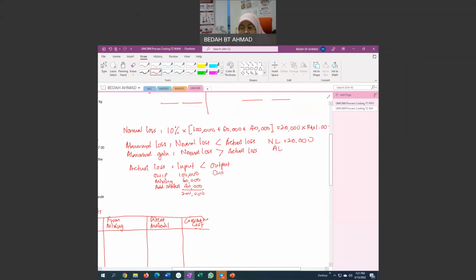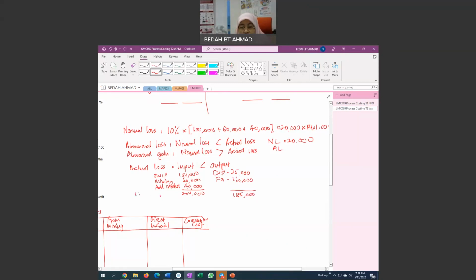Okay, CWIP, closing work in progress, is 25,000 plus the finished goods, which is 160,000. And so it is 185,000. So you can see that the input is more than the output, so there is an actual loss of 15,000.